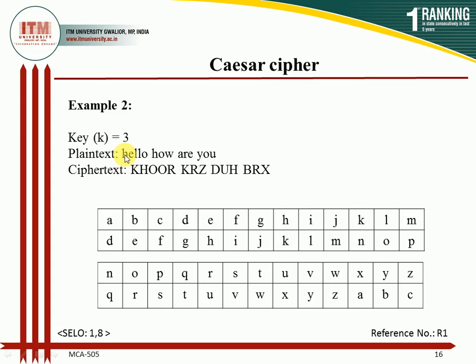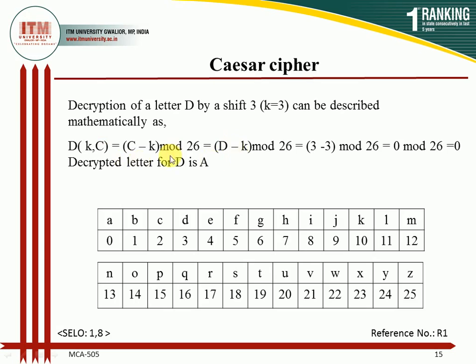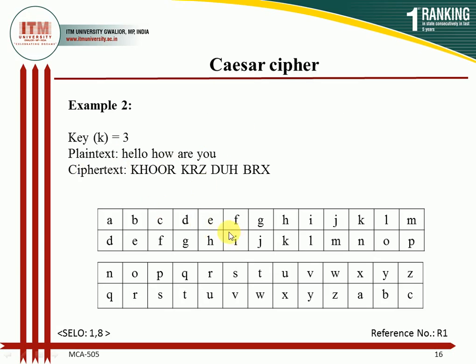So by taking the alphabet H, you have to shift 3 places. Either you can use this method or you can perform it directly. How can we perform it directly? Because 3 means that you have to shift 3 places. It means if you shift H by 3, what will come after H?